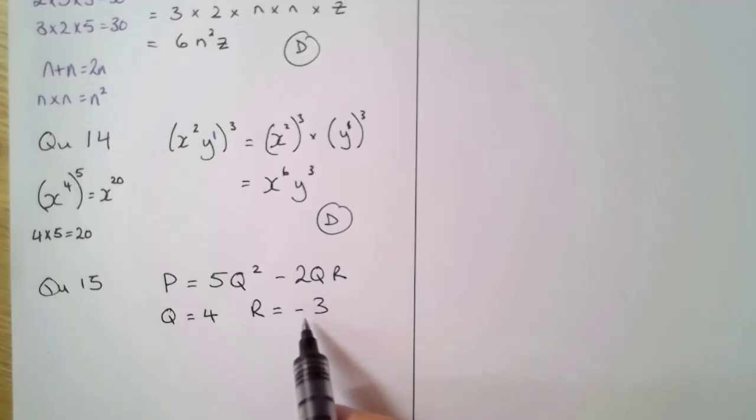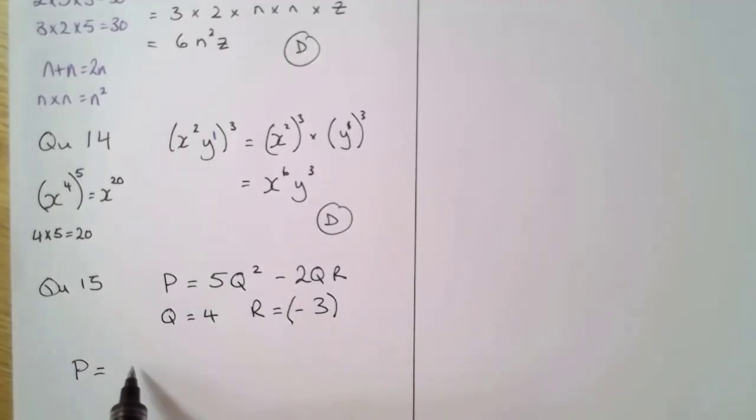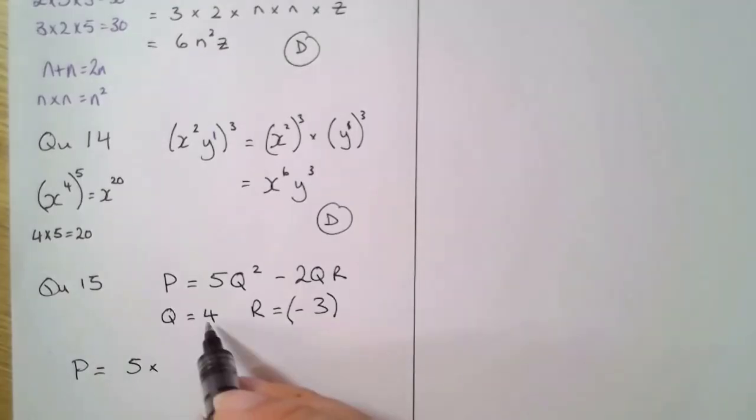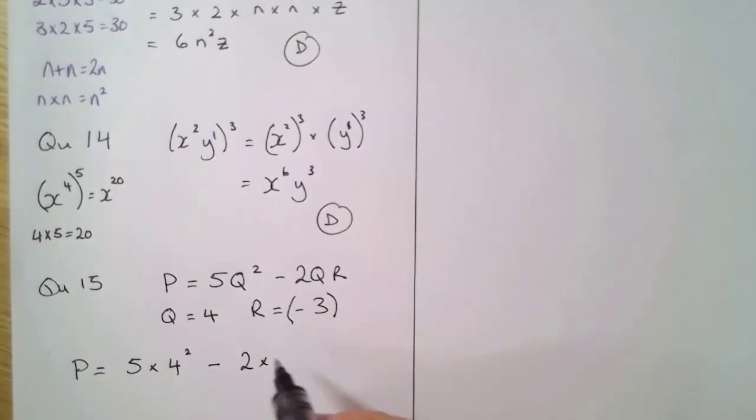We've got to be really careful with this negative. So when I use it, I'm actually going to put it in brackets. P equals 5 multiplied by q squared, 4 squared, subtract 2 multiplied by 4 multiplied by -3.